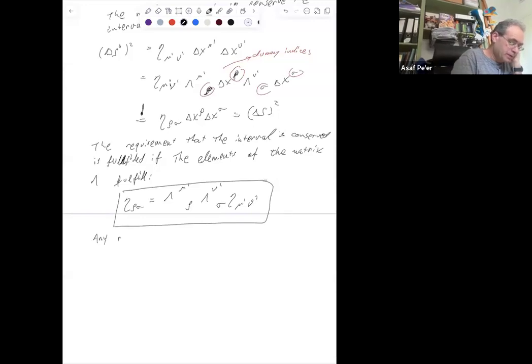Any matrix lambda whose components, whose elements fulfill this is a legitimate Lorentz transformation.